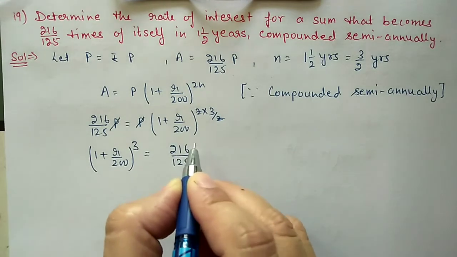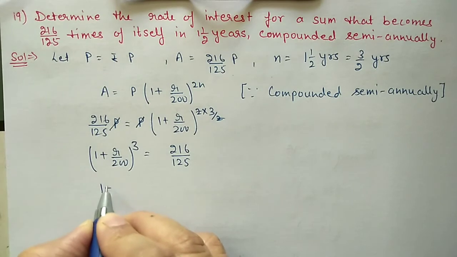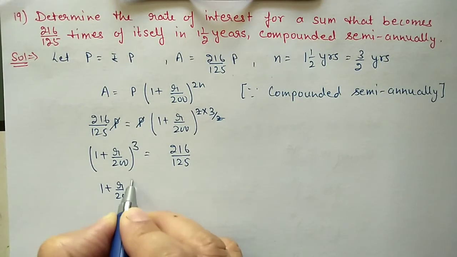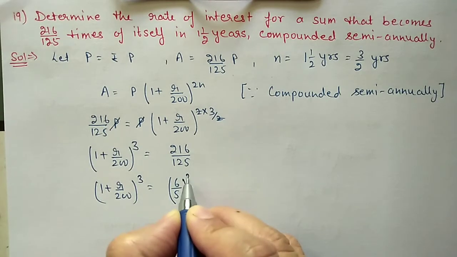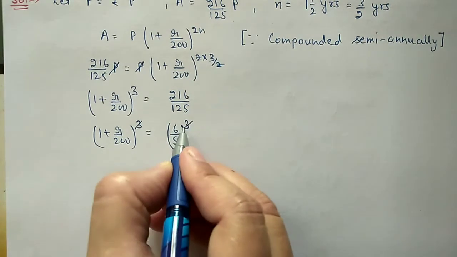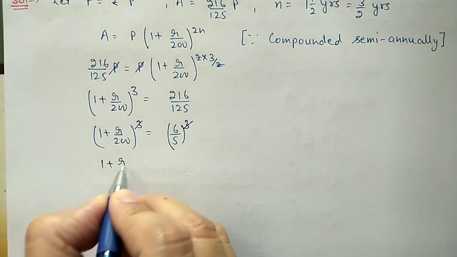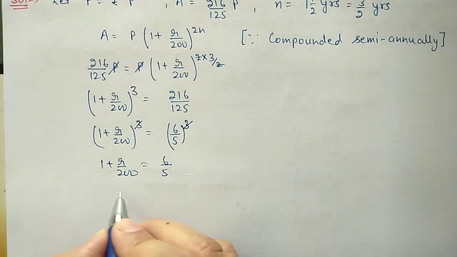This we have to write in the cube form because here on the left side we have power 3. So this we can write as 6 by 5 to the power 3. Both the sides cube we can cancel out. So 1 plus R by 200 is equal to 6 by 5. 1 also we can shift to the other side.